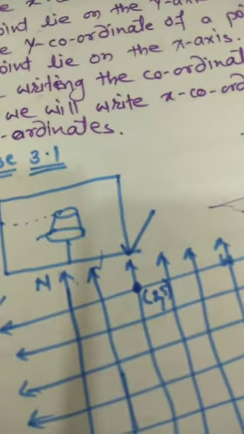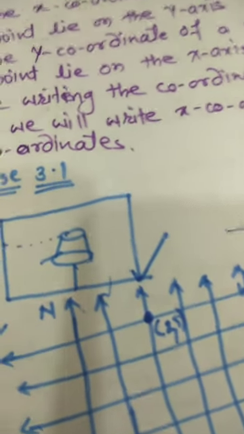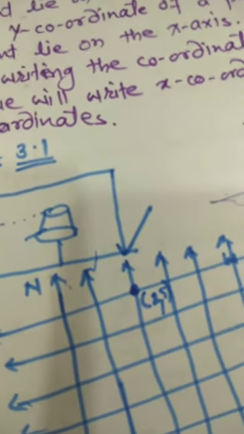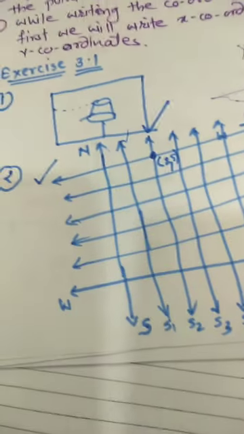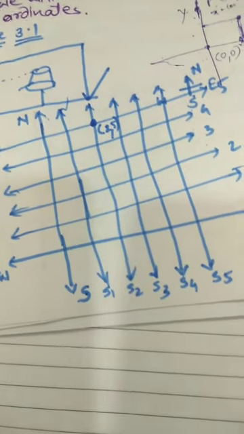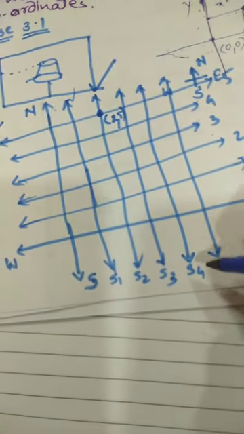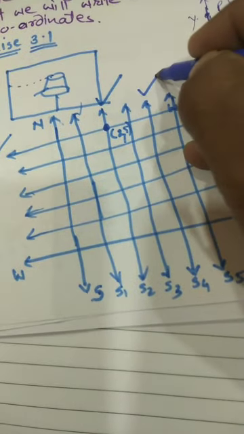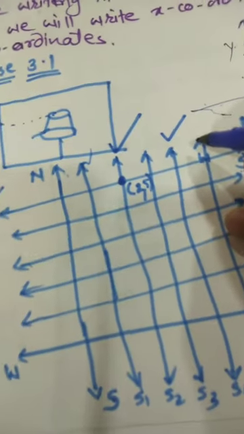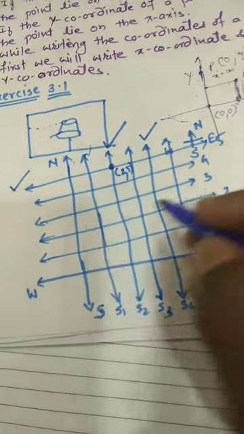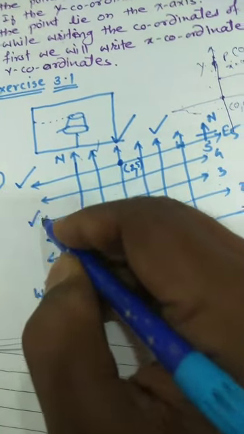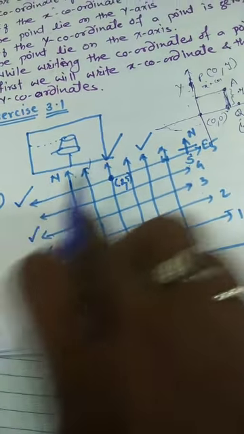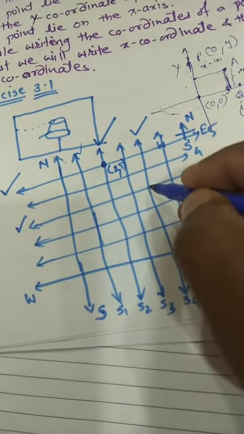Now, what to find? How many cross streets can be referred to as 4, 3? 4, 3 means S4, this 4th street, and 3 means the 3rd. See where it is intersecting, this point.